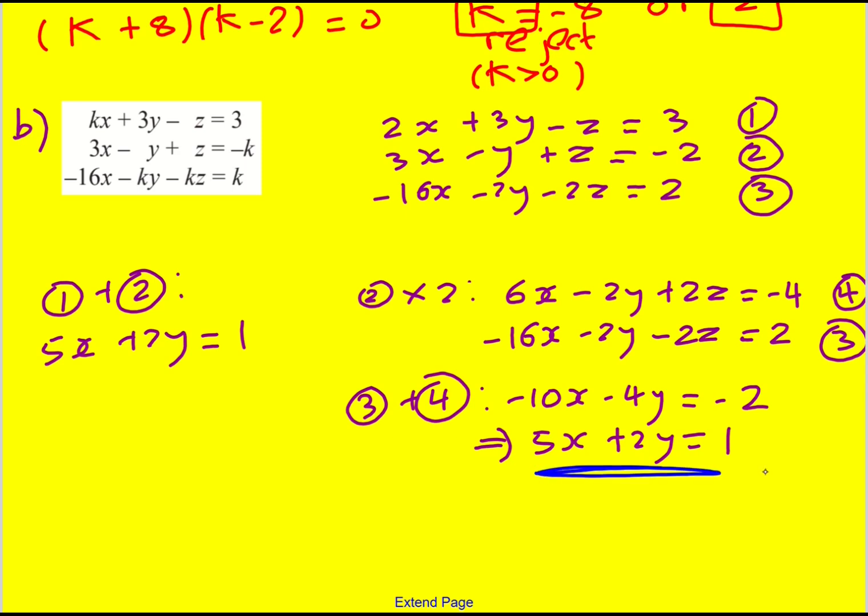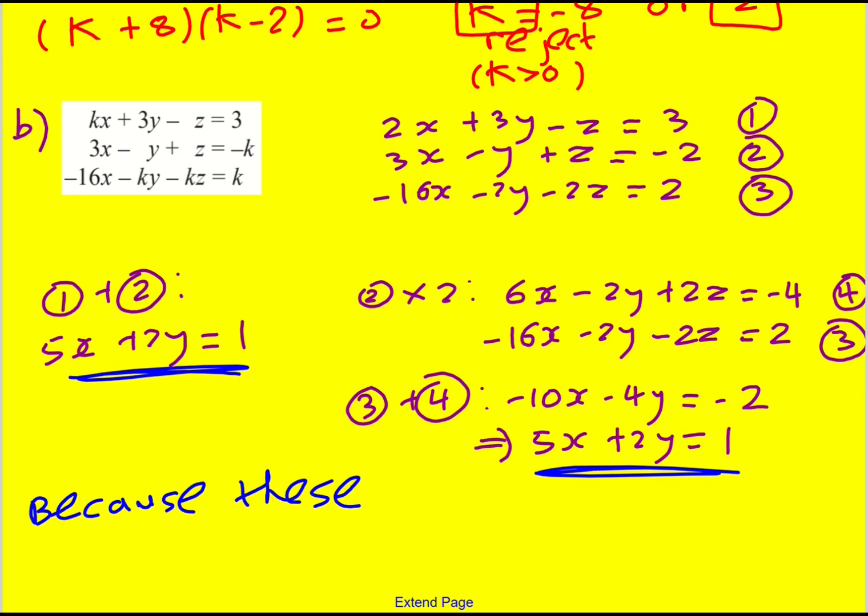I get the same equation I had before. Because they're multiples of one another, or the same thing, because I've combined 1 and 2, and I've combined 2 and 3, and we've got the same equation, that means there's an infinite number of solutions that satisfy it.